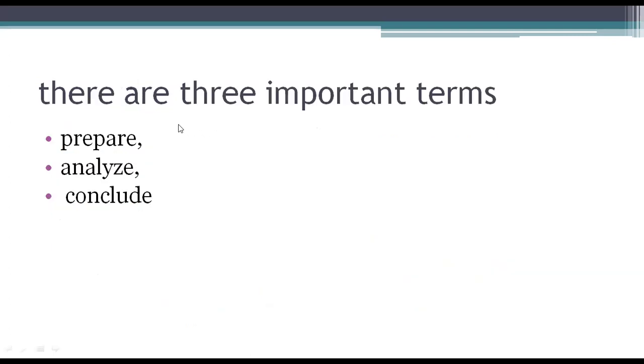Okay, so there are three most important terms: prepare, analyze, and conclude. Now I explain all these terms one by one. Prepare means you know how many ways you have to collect data, how you collect data, and where you collect data.